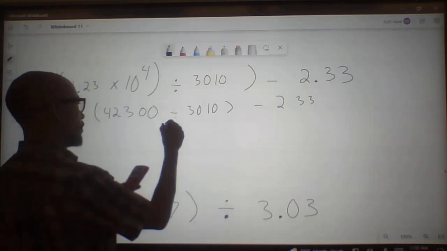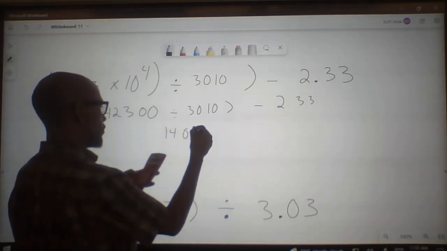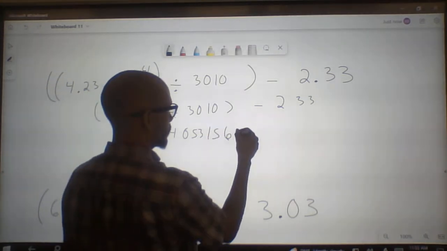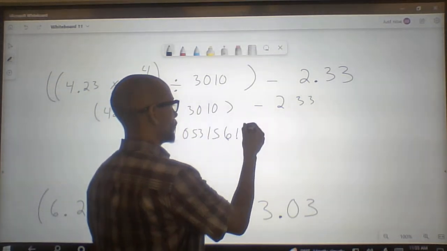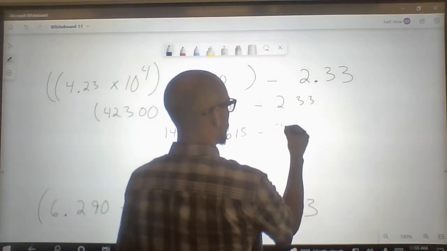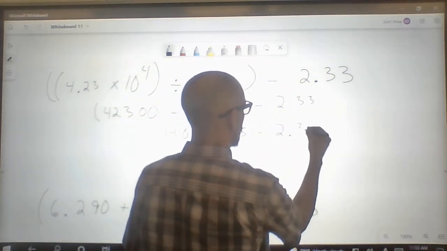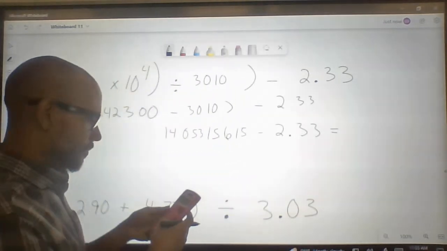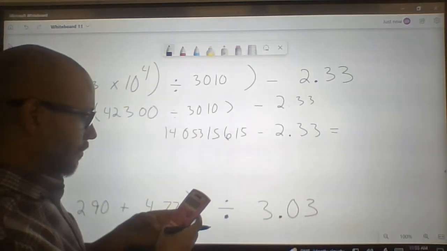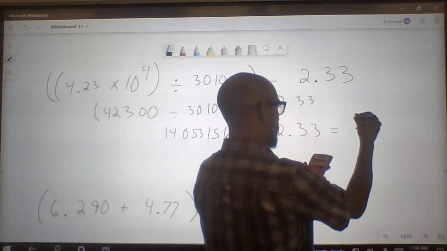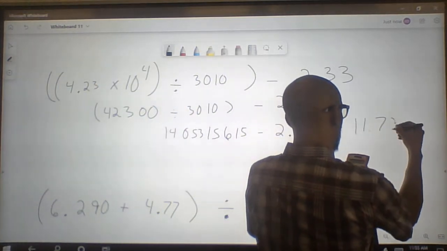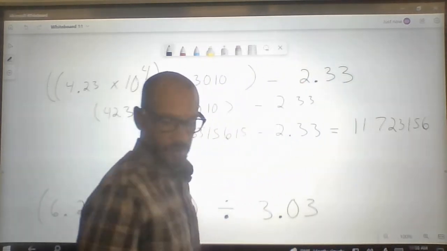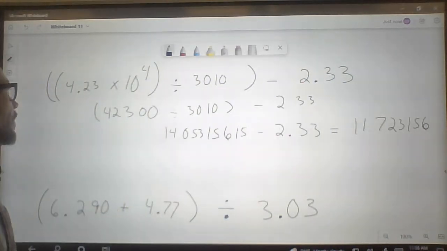All right. And then we get 14.05315.615. Then we're going to subtract off 2.33. 72315.6, etc., etc., etc. I don't think we'll be going out that far.